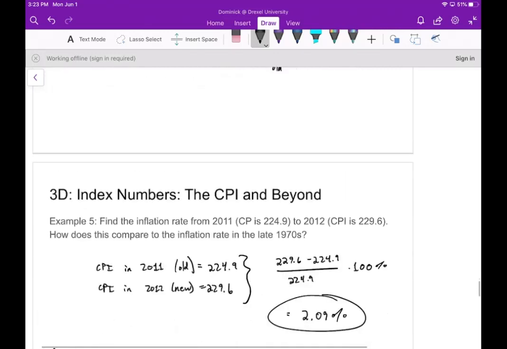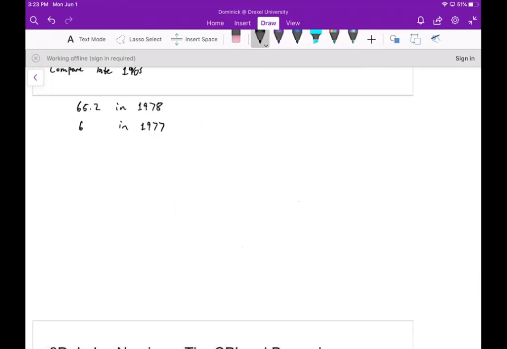Yes, 60.6. Same idea: I want to do 65.2 minus 60.6, divide that by 60.6 and times 100%.